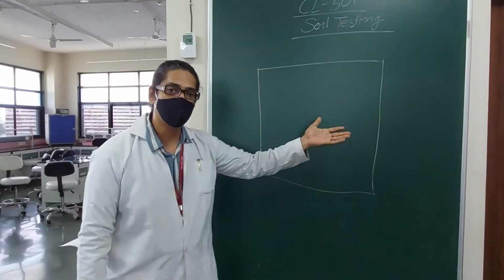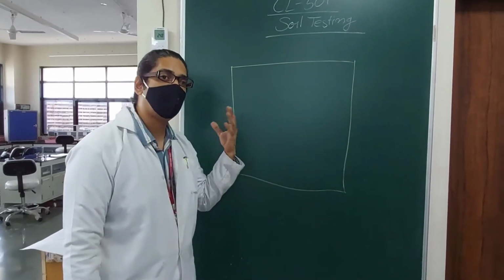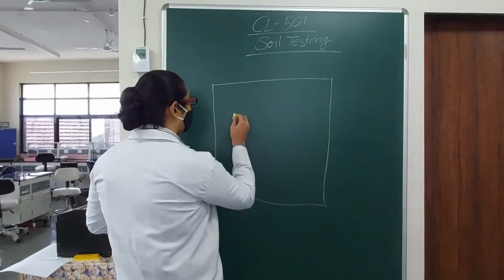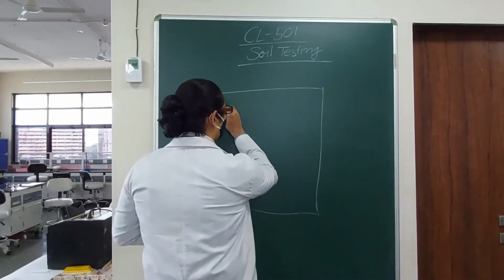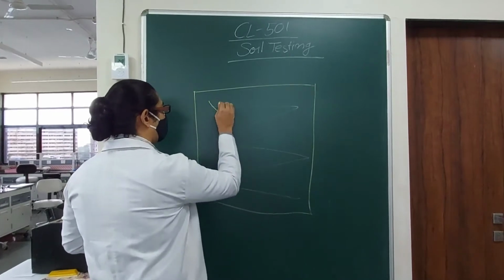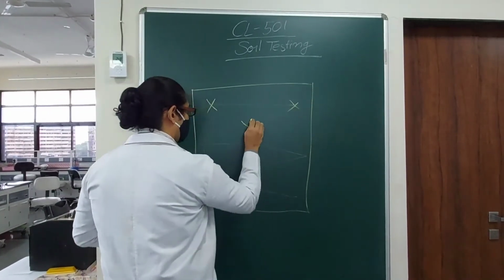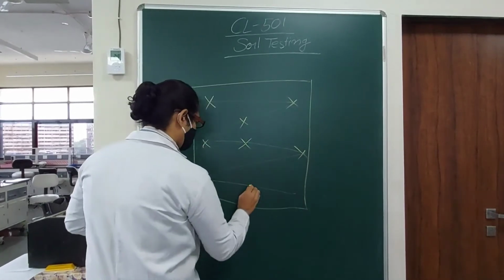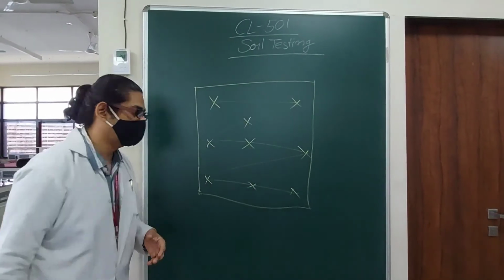The answer is no. We have to be very careful about the different places from which we get the soil. We take it from different locations. They say you preferably go in a zigzag fashion, like this. Let's say we take samples from here, here, here, at different locations.